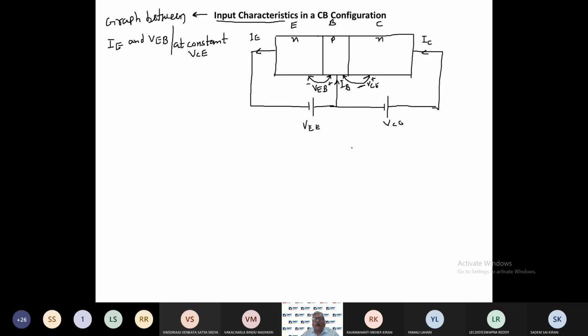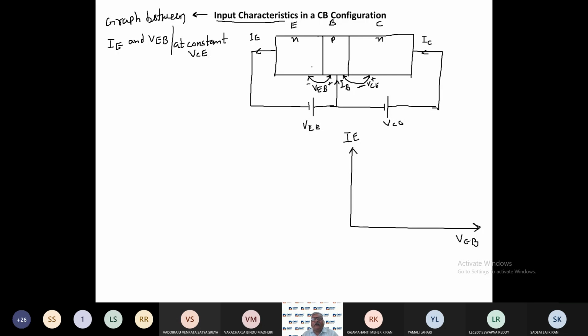So what we will do, on the x-axis we will take the input voltage, that is VEB. On the y-axis, we will take the input current, that is IE. Okay. And first, we will make VCE 0, right? VCE 0 means this battery VCC we will make 0.